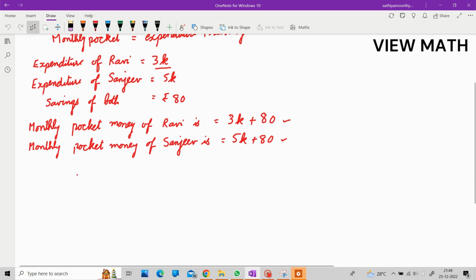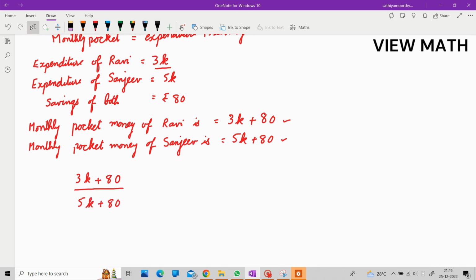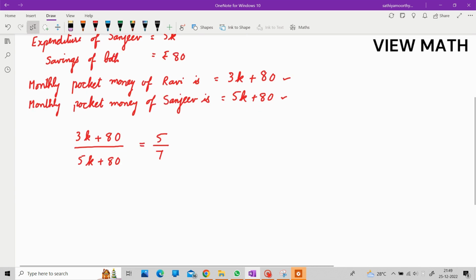I can write it as 3k plus 80, this is the monthly pocket money of Ravi, divided by, it is given in the ratio form. So I am writing it in the ratio form. This is equal to 5:7. So it is 5/7. Let me cross multiply to find out the value of k first.